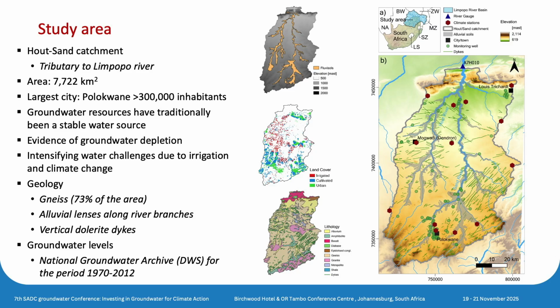Just briefly about the geology, we are dividing it into two categories. The black area here is the gneiss area, and the yellow one is the alluvial deposits next to the river system. And here we have collected as many observations of groundwater levels as we can retrieve for this 50-year period.